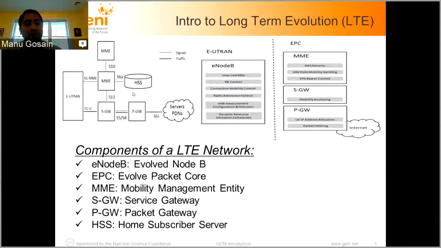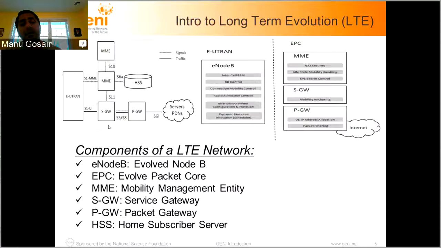The way a UE or a client connects to the internet once it instantiates a connection is that after all these control messages are set up in place, you end up with a GTP tunnel all the way from the base station where your UE is connected all the way to the packet gateway.